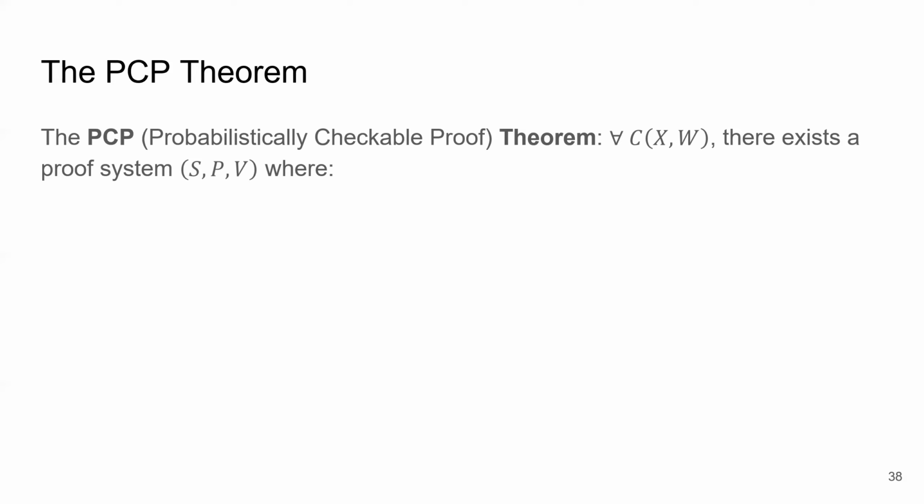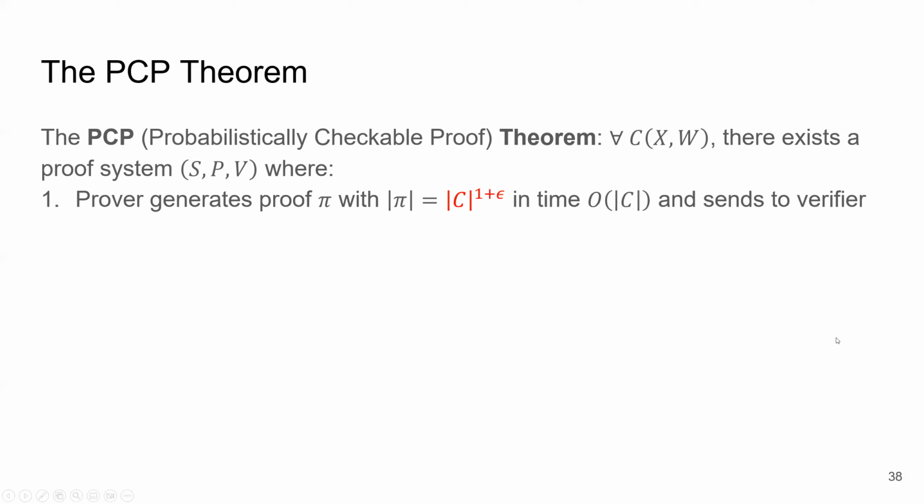The theorem says that for all circuits, all arithmetic circuits that take as input public information and private witnesses, there always exists a proof system composed of the setup, prover, and verifier, where number one, the prover will do the first step of generating some proof. We're not saying what exactly that proof is yet, but generating some proof with size linear in the size of the circuit.